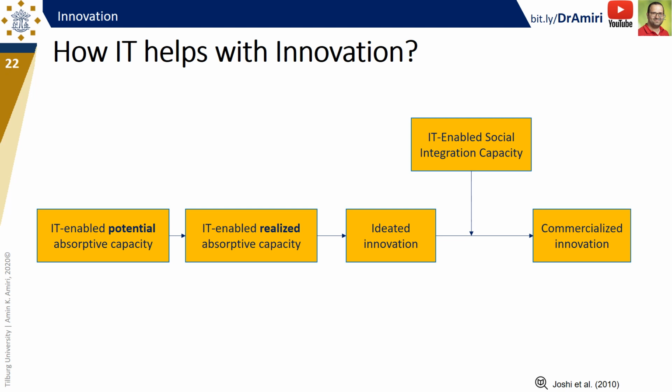The theory has two important constructs that are related to innovation, commercialized innovation and ideated innovation. And the goal is to increase these two variables in the organization. Let me explain what these constructs are.